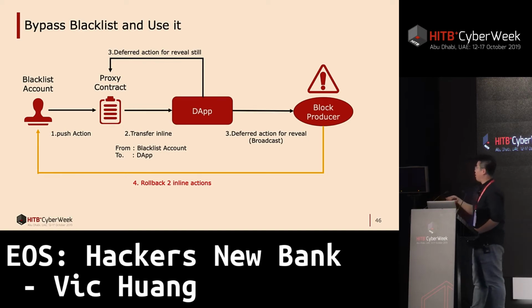And here's another kind of attack: how to bypass the blacklist and at the same time use it. If I have a blacklisted account, I build a proxy contract to send the inline transactions to the dApp, but we just write the blacklisted account in the from field.